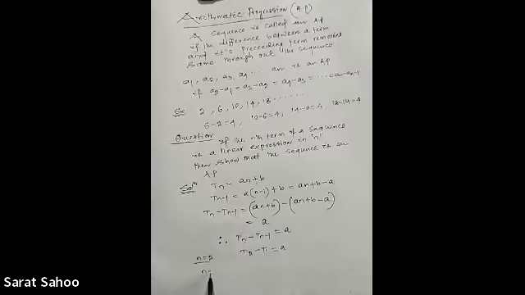If you take n is equal to 3, then T3 minus T2 is equal to a. If you take n is equal to 4, then T4 minus T3 is equal to a. The sequence maintains a constant difference, hence it is an AP. Is it clear to you? Write in the chat box whether it is clear to you.